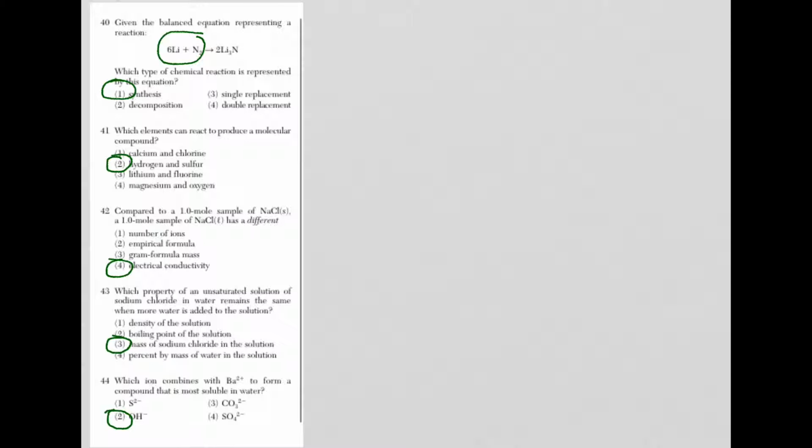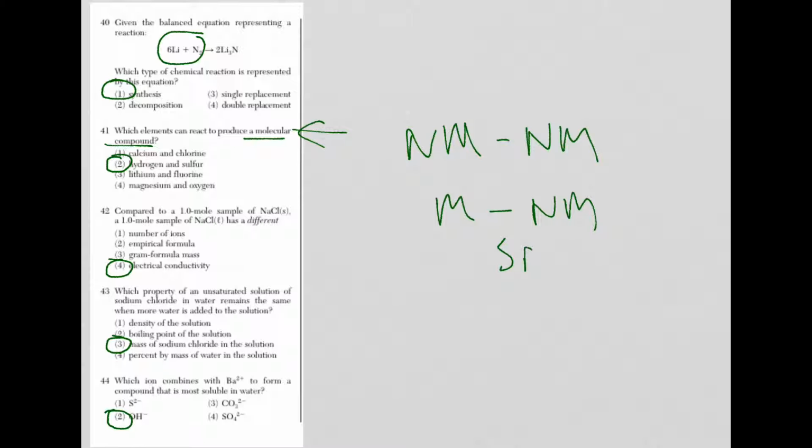1. For question 41, we're looking for a molecular compound. As soon as you see molecular or molecule, you're dealing with nonmetals bonding with other nonmetals. When you have a metal bonding with a nonmetal, then you have a salt, and with salts you have ionic bonds, which is the transfer of electrons.